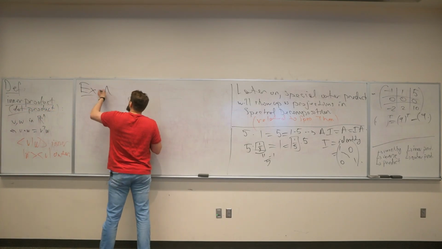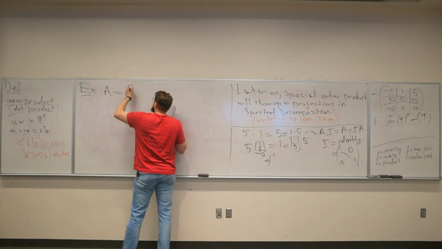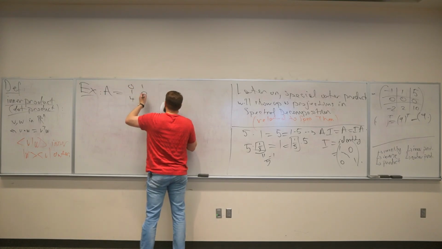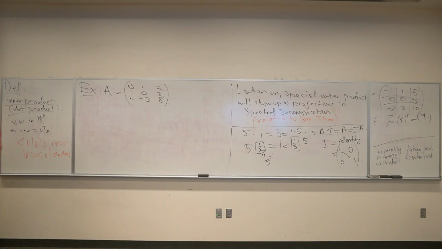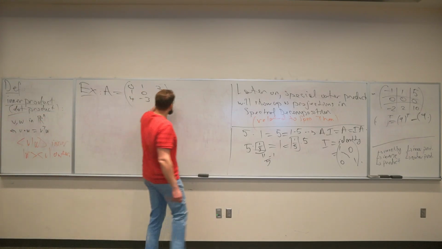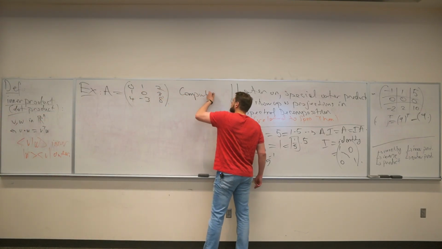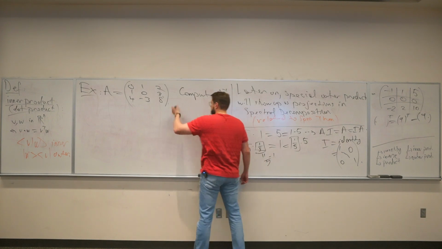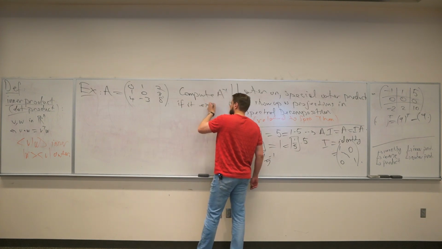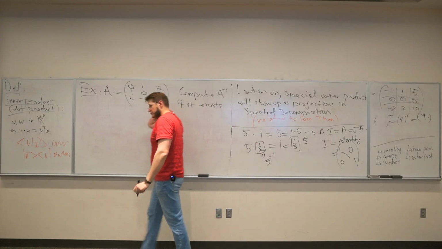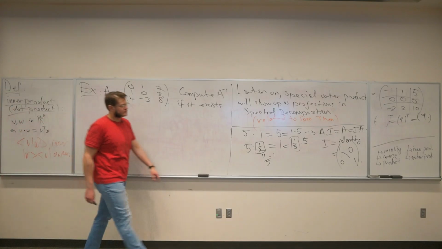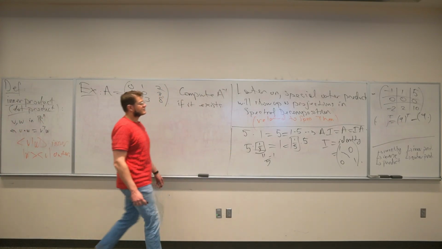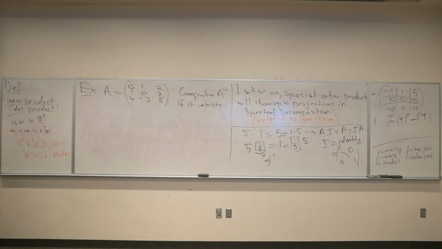So say A is this 3 by 3: 0, minus 3, 2, 3, 8. Compute A inverse, if it exists. Okay. Now, syntactically, it's pretty much the same as doing something like this, but it's not going to be as clear how one might compute A inverse like this.